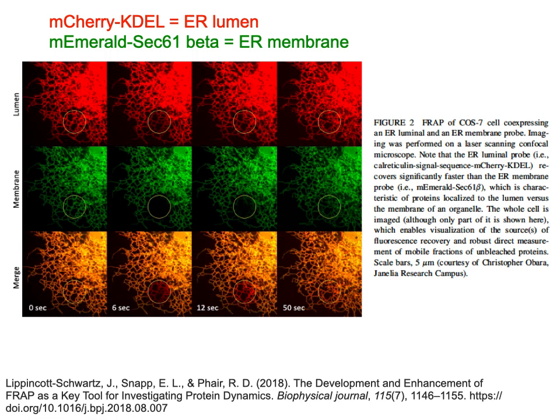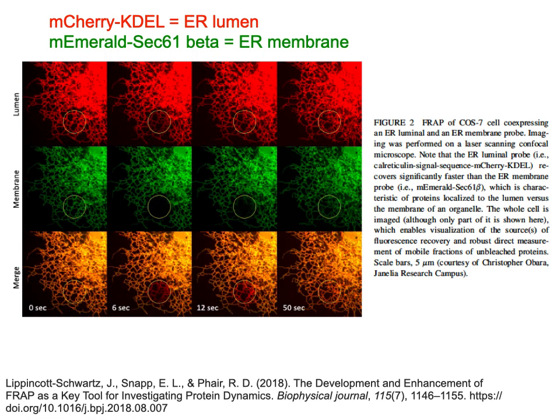Now when we then move to 12 seconds after the bleaching, we can see that with the mCherry, with the KDEL and the lumen, we are seeing recovery. We're seeing that there is more red compared to 6 seconds in that circled area. Now, when we look at the membrane, we don't see that recovery occurring. And so if we move down to the merge, we can see more red in that window.